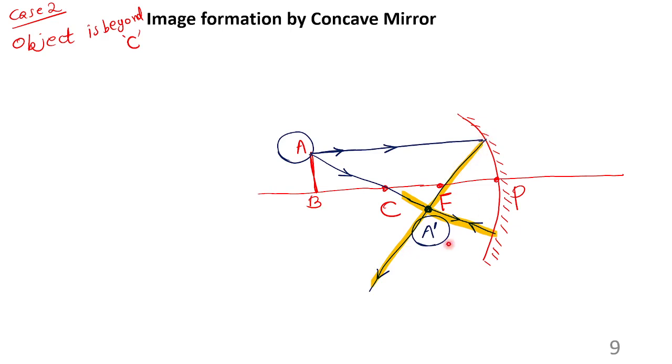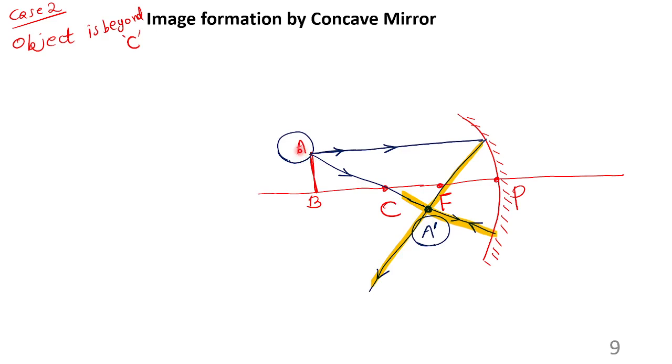Mark the reflected rays and take the intersection of the reflected rays. The reflected rays meeting at a point, that point will be the image of that point. So the reflected rays of A meet at this point, and the image of the point A will be A dash.